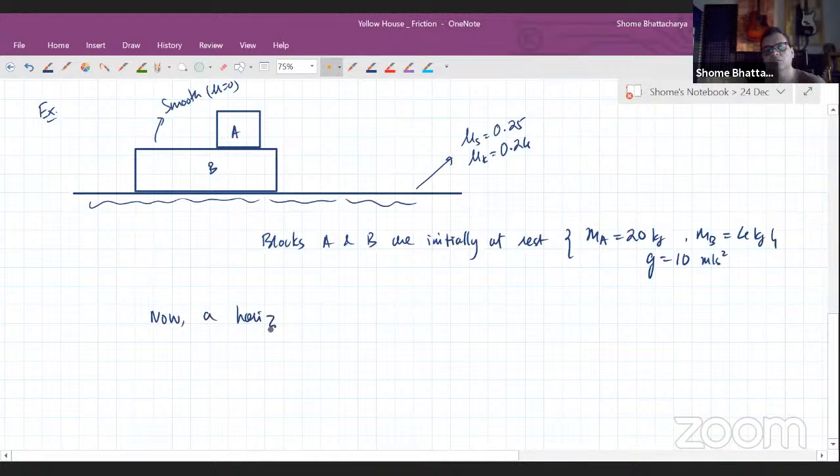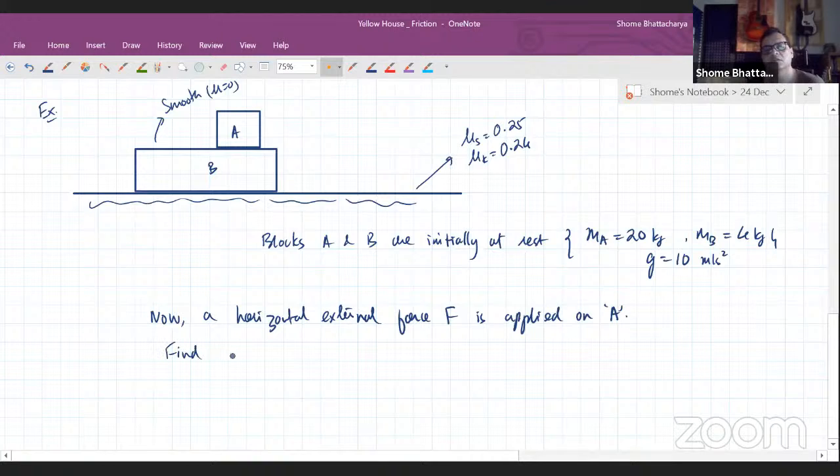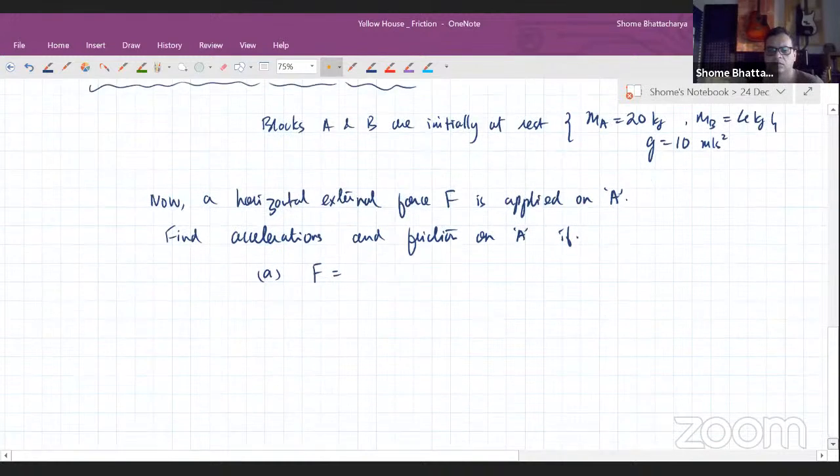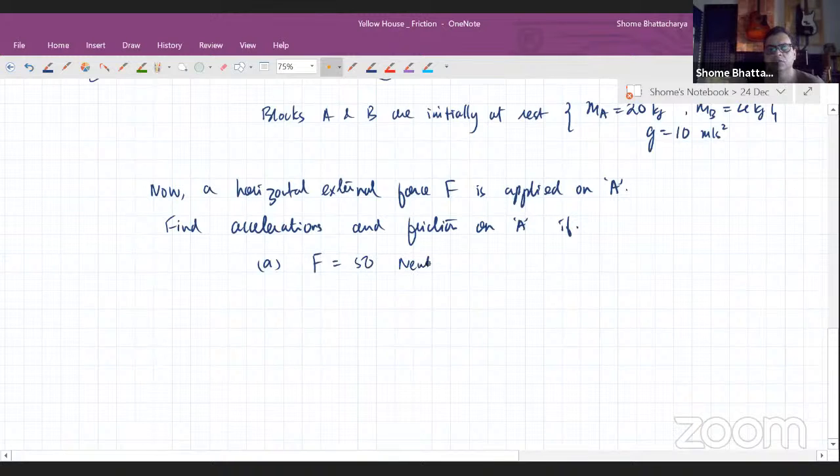Now a horizontal external force is applied on the block B. Find the accelerations and the friction on the block A if F is equal to 50 newtons, and if F is equal to 100 newtons.